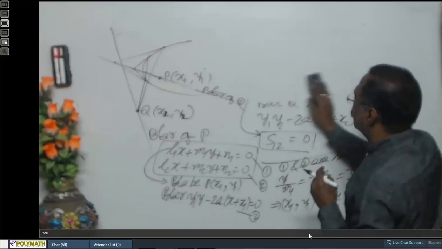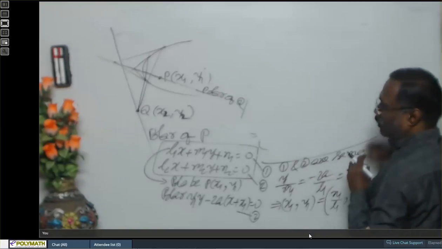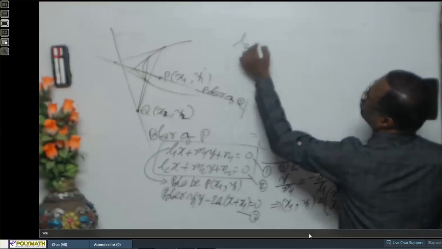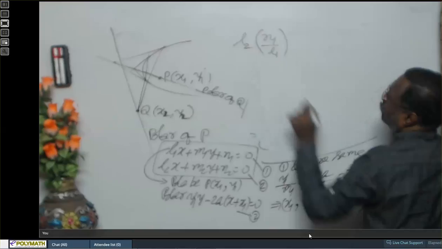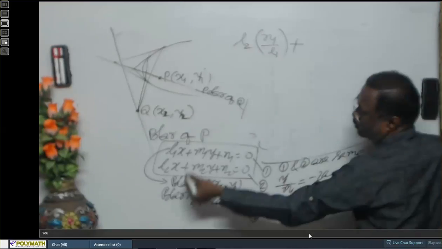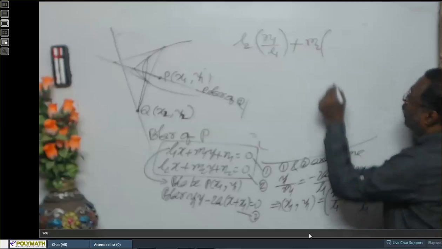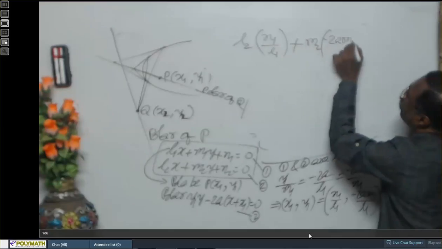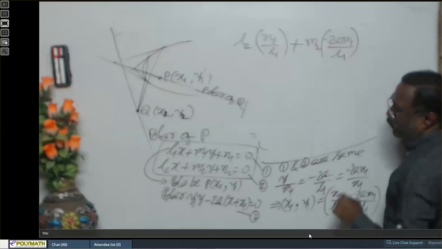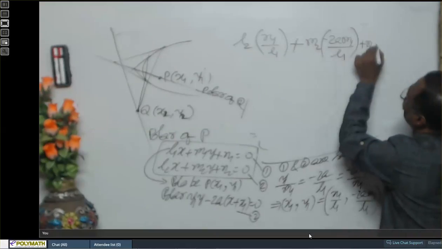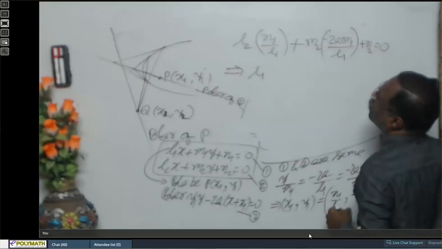In the second equation, L2 into n1 by L1 plus M2 into minus 2a M1 by L1 plus N2 equal to 0.